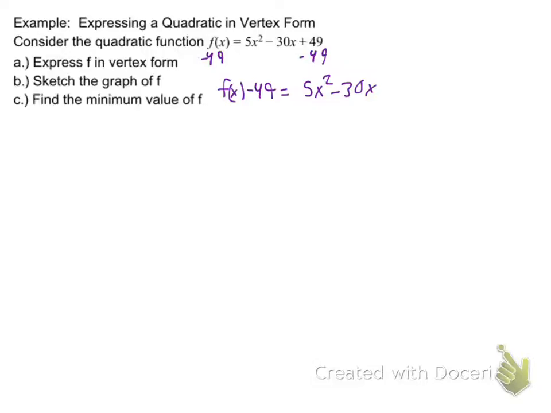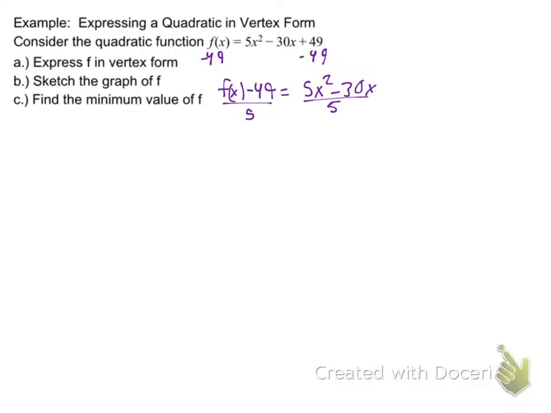Now, what do I have to do? I could factor out the 5. That does work. I find that factoring out the 5 leads to problems. So I am actually going to suggest that you divide both sides by 5.